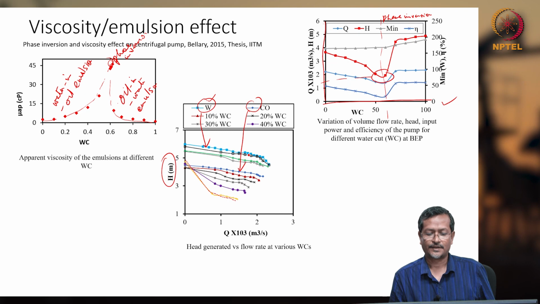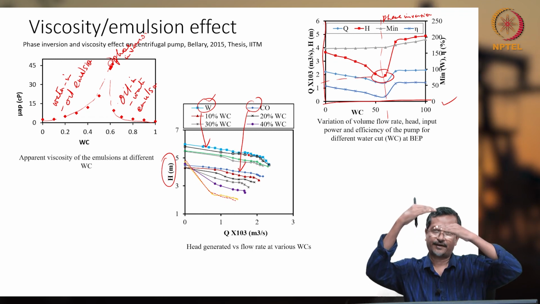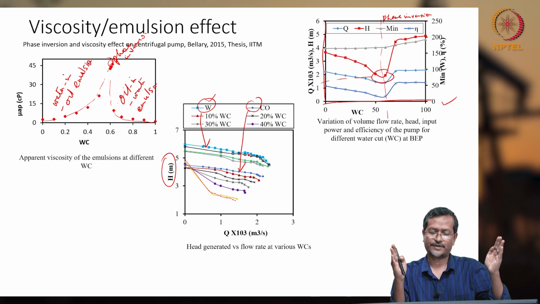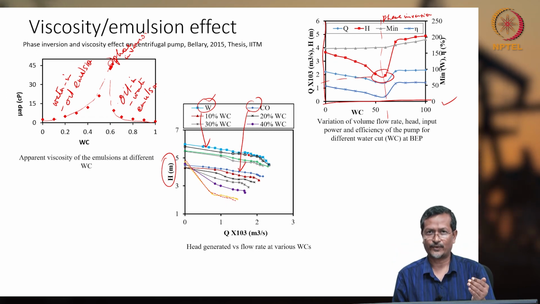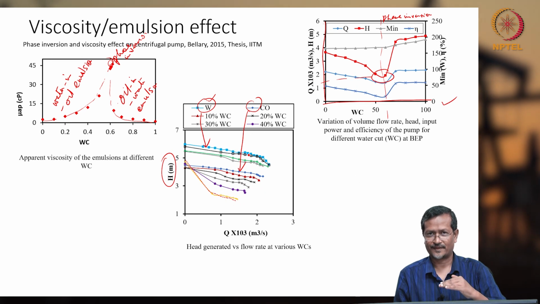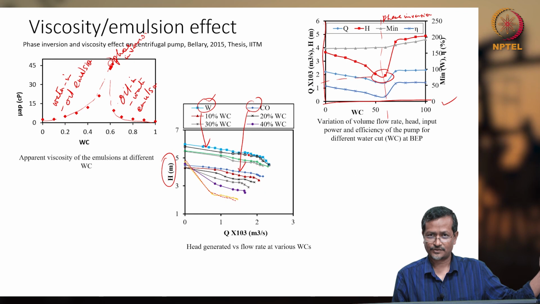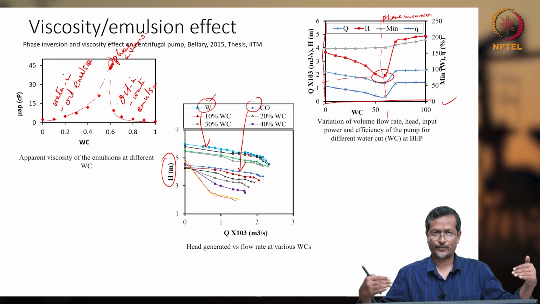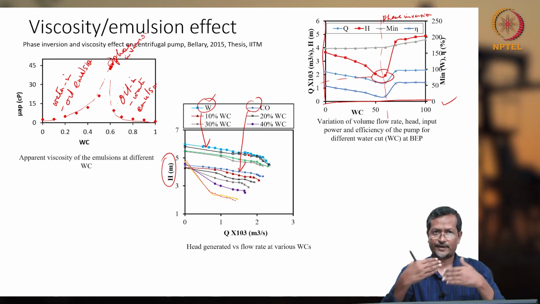Okay, so when water percentage is very high, head is high, and when oil percentage is very high, head is also higher. But if you are mixing in between 100% water or 0% water, your head is lower. So if you have emulsion in the wellbore, your head is going down. Head going down means if there is any water injection change, water coming to the wellbore because of drive mechanism, then your emulsion property will change.